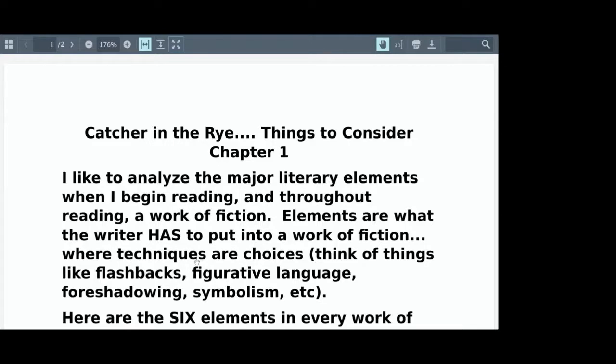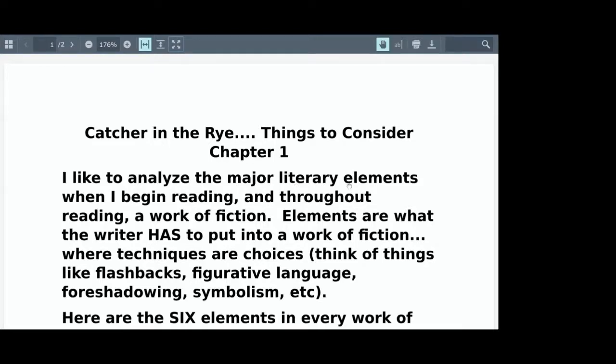But I want to just hit the major elements first for chapter 1. So the major literary elements, there are 6 of them. They're in every narrative. So if you're a writer or a reader, you can anticipate that any piece of writing that's a narrative, that's telling a story, is going to have these 6 things in common. You can't write a story without them.